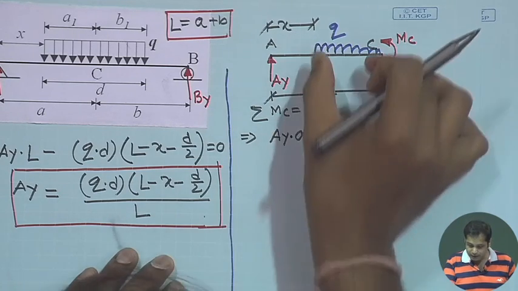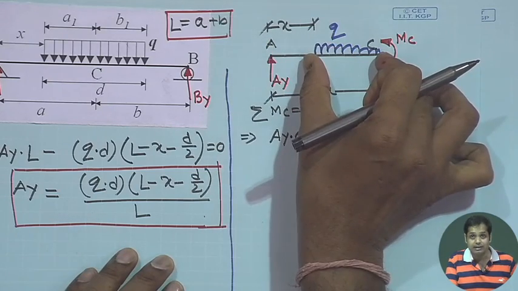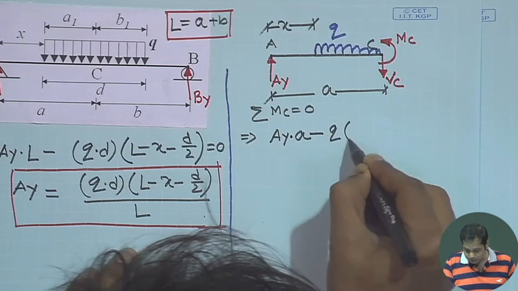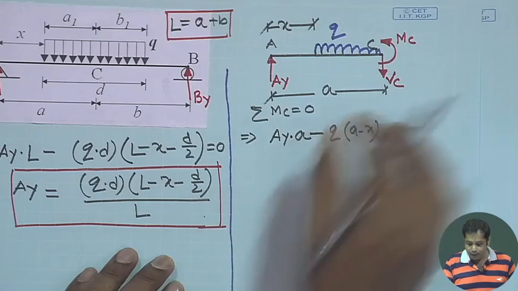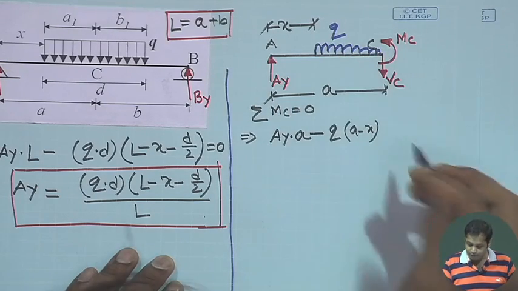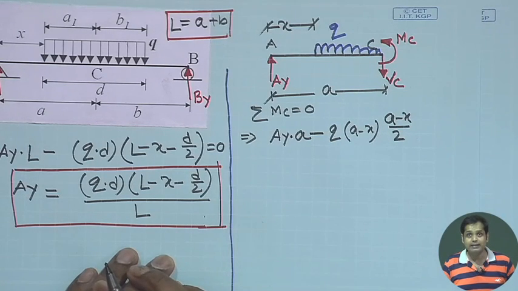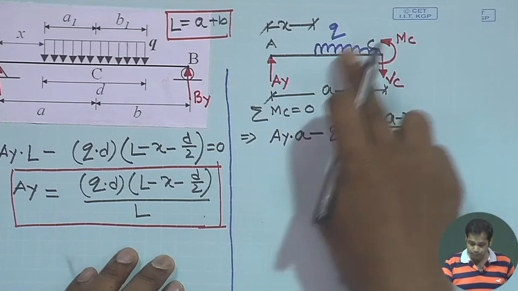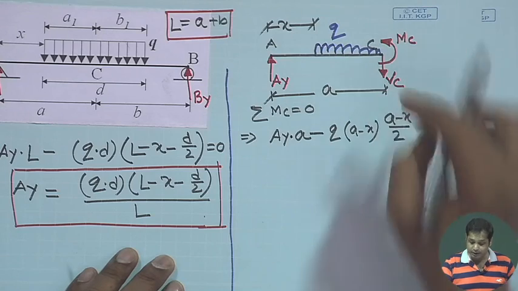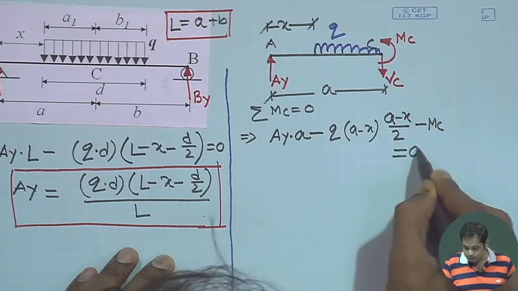This force is Q, and this distance is A minus X, so the force will be Q into (A minus X), and it acts at a distance of half of it, (A minus X) by 2, since it is a uniformly distributed load. This is the contribution from the distributed load, which is negative because it is anti-clockwise, and then minus MC, that is equal to 0.